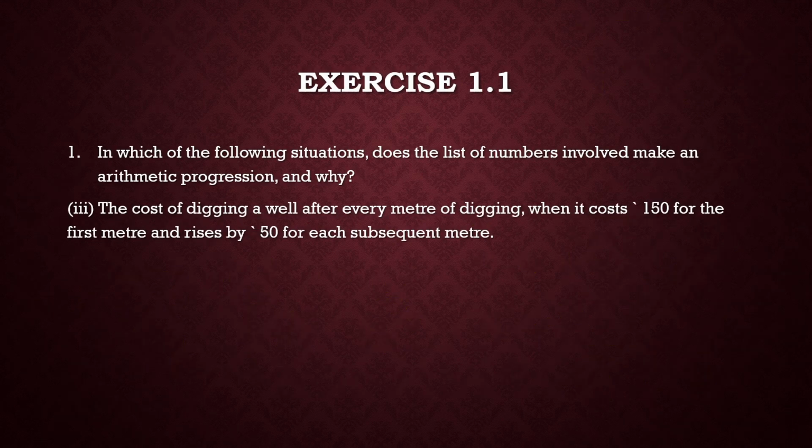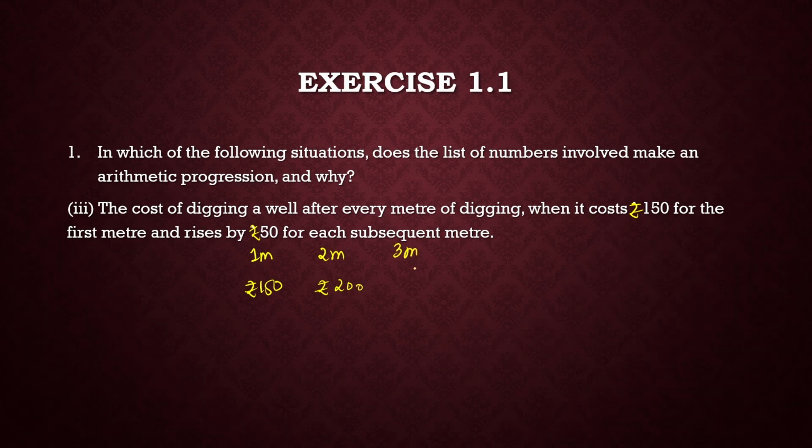Next question. The cost of digging a well, where after every meter of digging it costs rupees 150 for the first meter and rises by rupees 50 for each subsequent meter. So if I want to dig 1 meter, the cost is rupees 150. For 2 meters, it got raised by 50 to rupees 200.